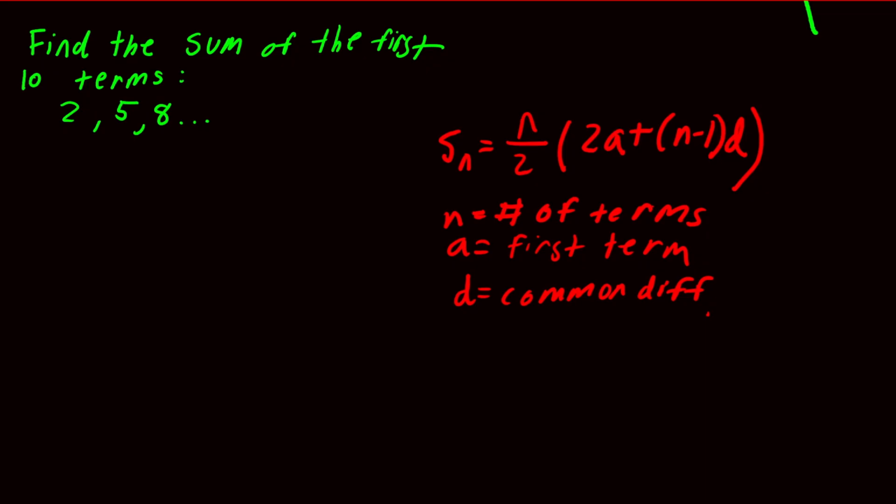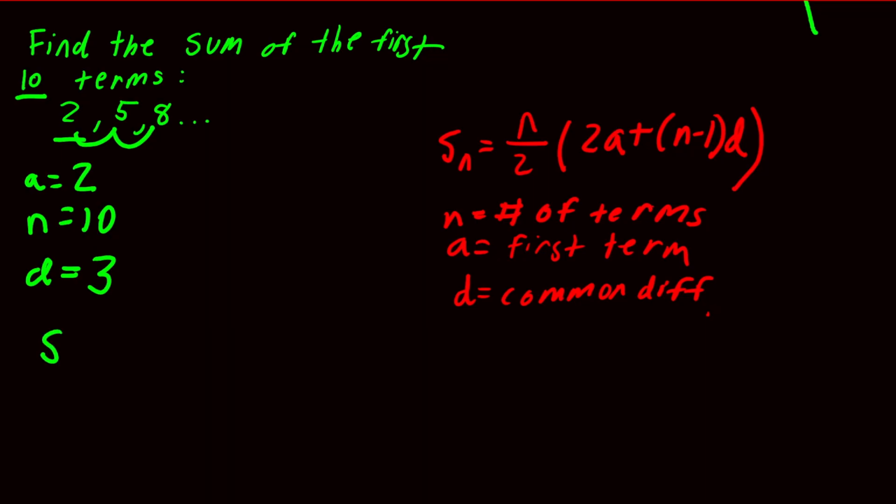So let's start plugging in what we know into our equation right here. So our first term, so our A is going to be 2, right? That's our first term. Number of terms, well, it's asking for the sum of the first 10, so n is 10. And now the common difference, well, to get from 2 to 5 and then 5 to 8, it's just 3. So the common difference would be 3. Now, let's plug this in.